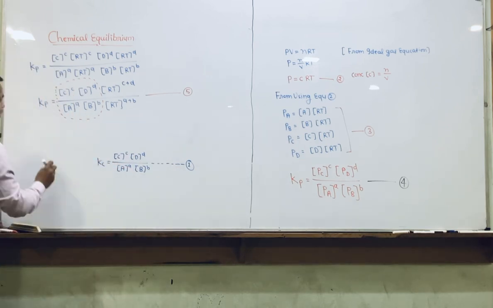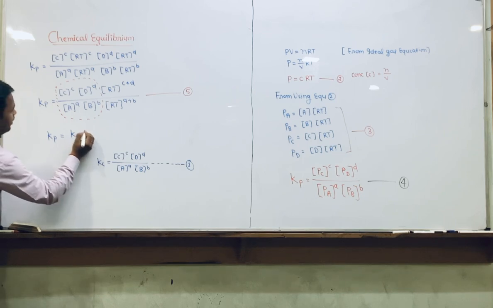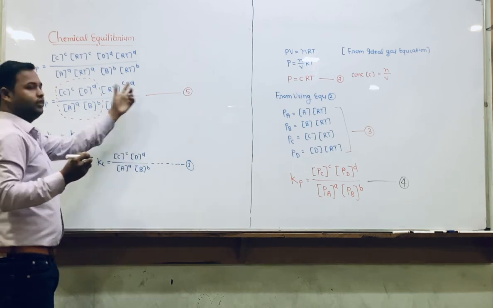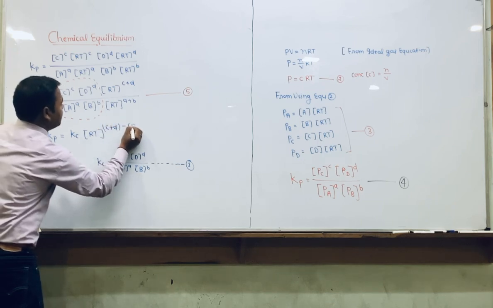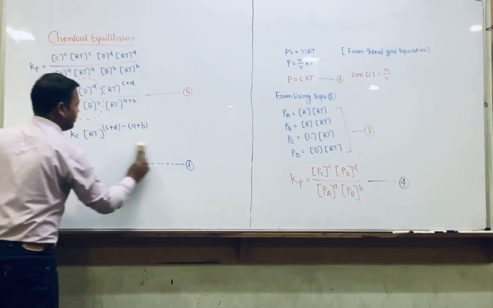Then we can write Kp equal to Kc times RT. Here the base is the same, so we can write c plus d minus a plus b.